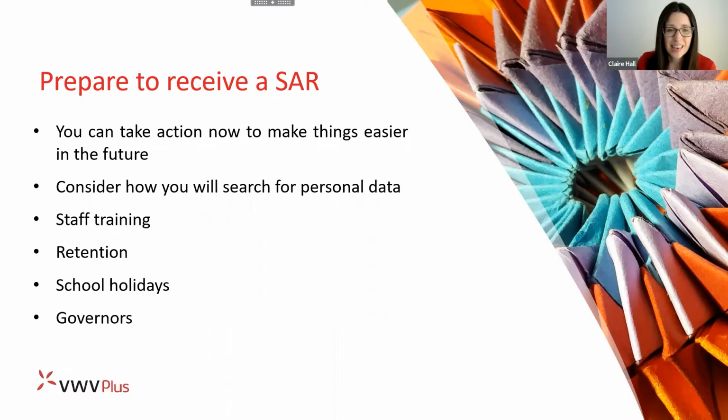It just makes things easier, essentially, if governors are all using school email accounts for subject access request purposes. There are also information security considerations here as well that I'm not going to get into, but for the point of this slide, just preparing to receive a SAR, please just make sure your governors are using school email accounts. Next slide, please, Emma.